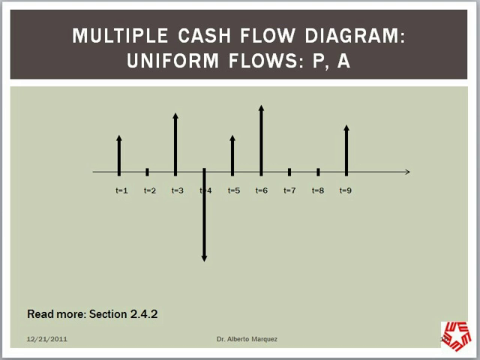Sometimes we have more than just one cash flow that we will need to consider. Imagine, for instance, the series of cash flows that we have in this diagram. Some of these cash flows are available to us in periods 1, 3, 5, 6, and 9, and those are the cash flows that we will receive in those periods. At the same time, we have a negative cash flow at t equals 4 that could represent an investment or an expenditure that we will have to make, and therefore that money will not be available for us any longer.